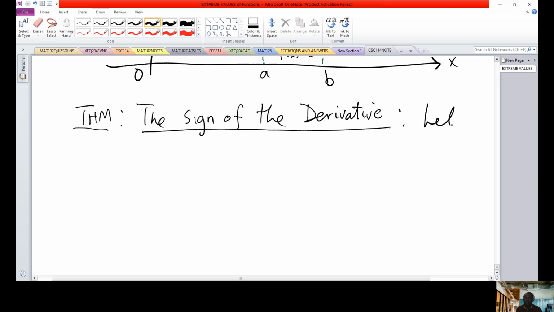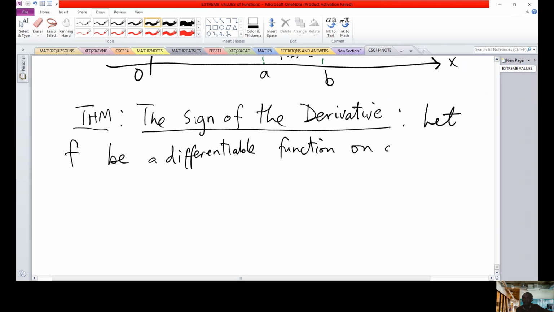Let f be a differentiable function on an open interval AB.